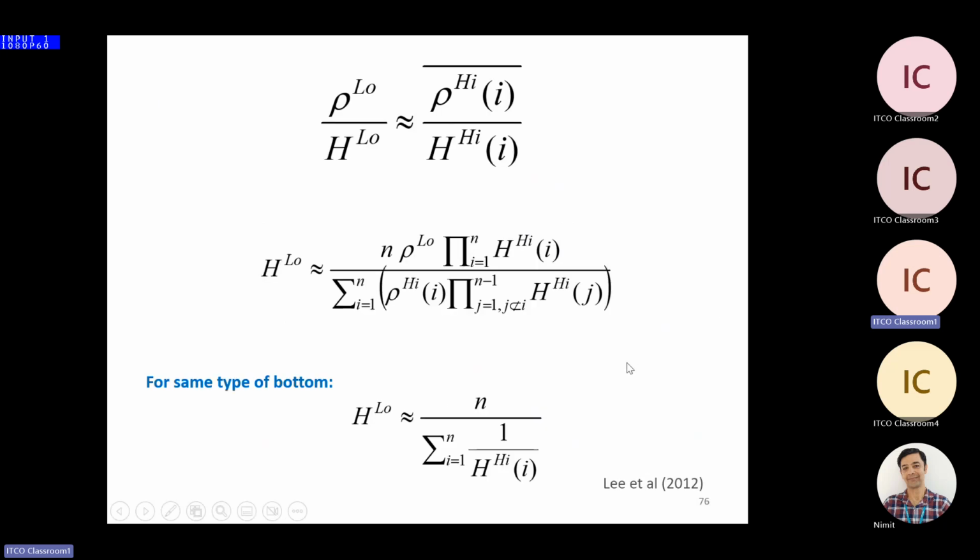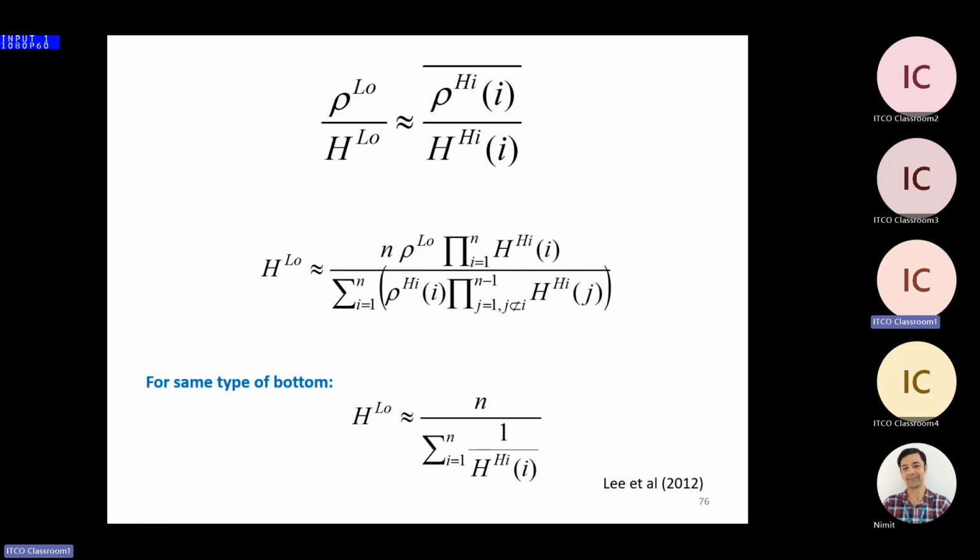So here we show that after some simplified approximations, for the same type of bottom, this low resolution depth, H low, is an inverse of the H high, then inverted back. Basically that shows the 100 meter depth, being inverted, has less weight in the total formula.